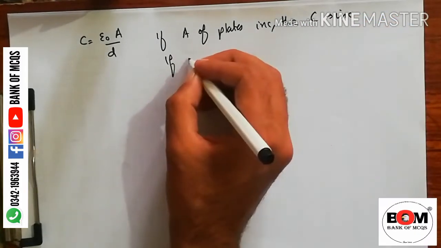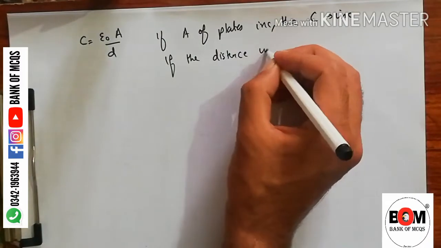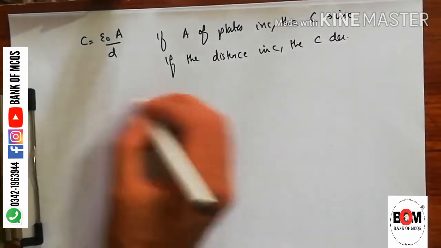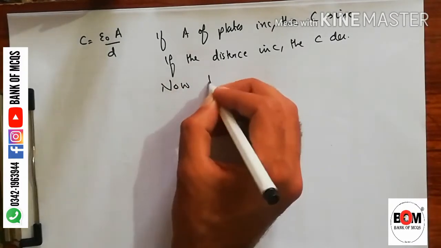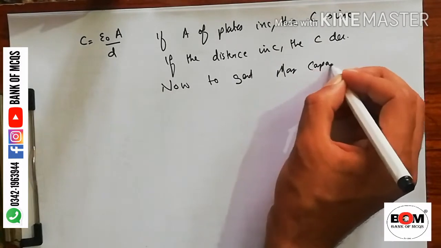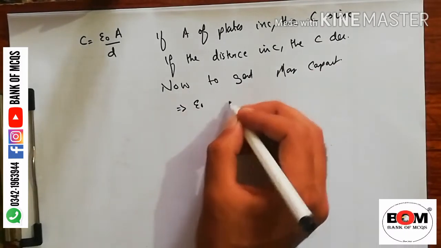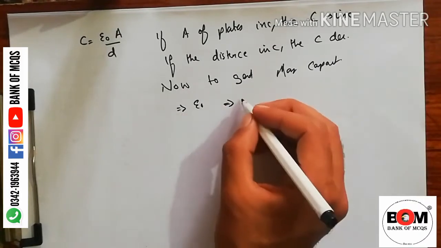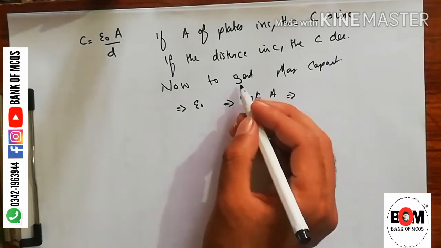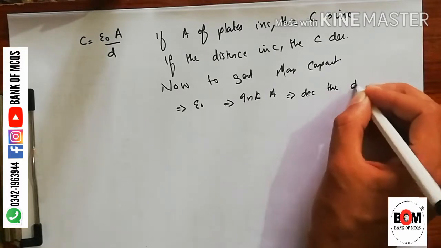And if the distance increases, the capacitance decreases. Now to get maximum capacitance, we will increase epsilon naught, the medium, by putting in some substance. Next, we will increase the area of the plates, and third, we will decrease the distance between them.